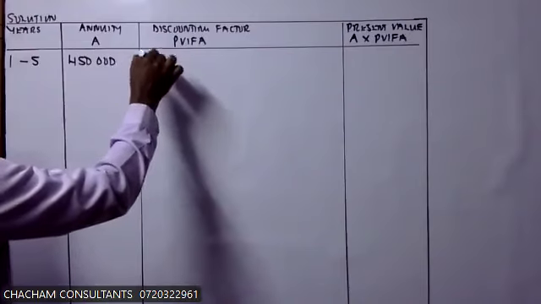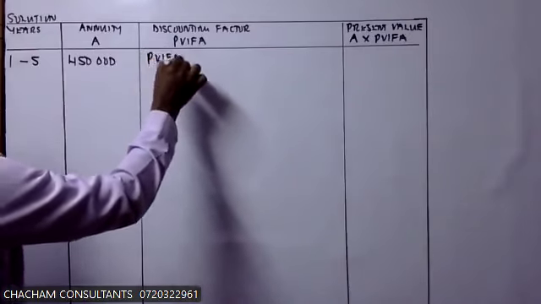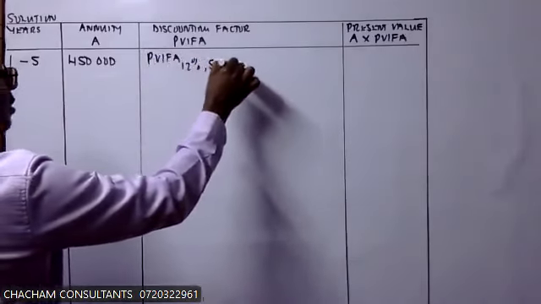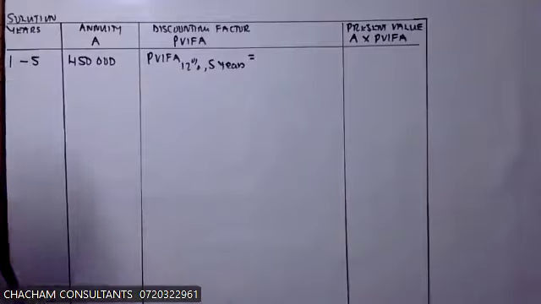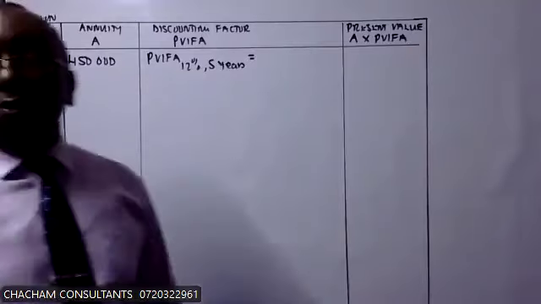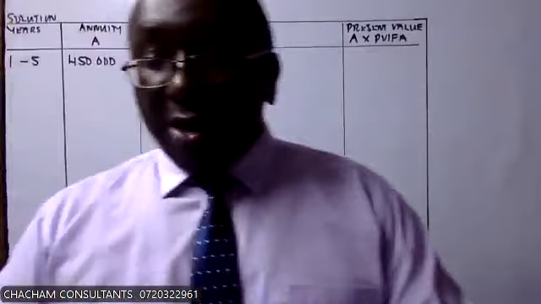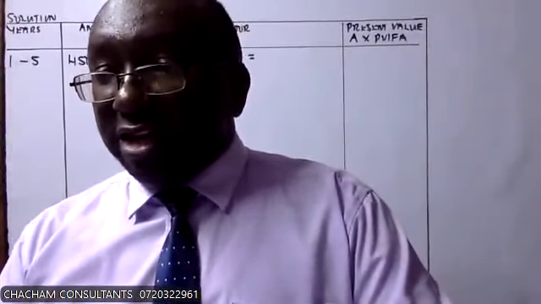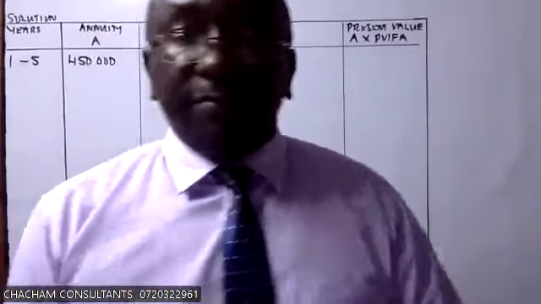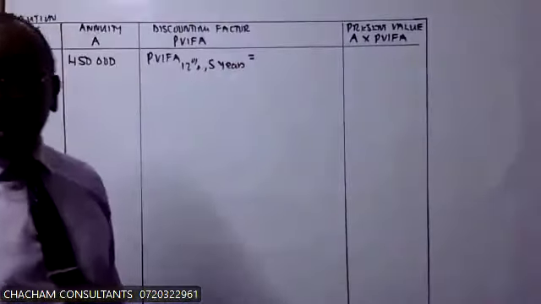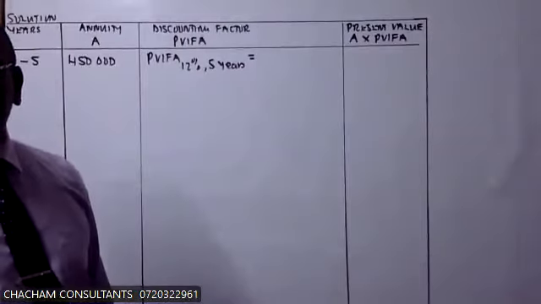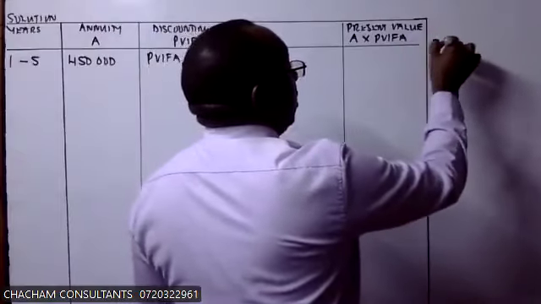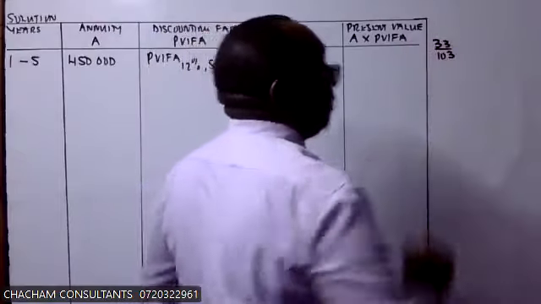So you'll say PVIFA at 12% for 5 years. Open your past papers and go to page 3 of 103.